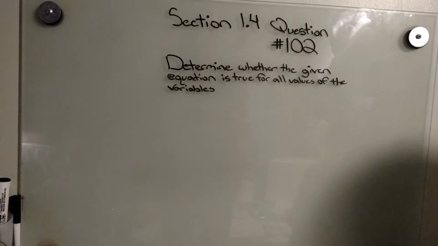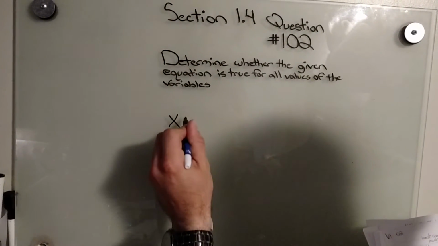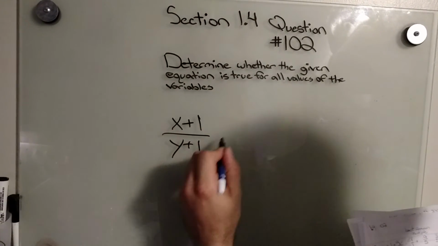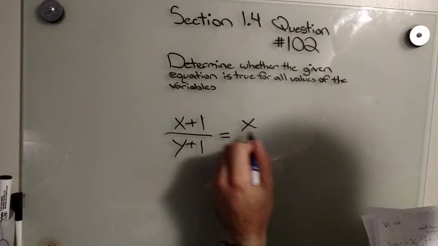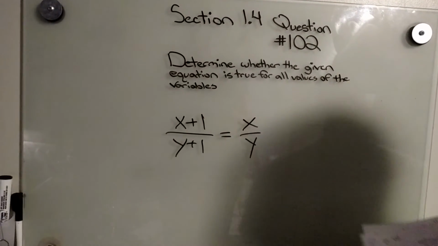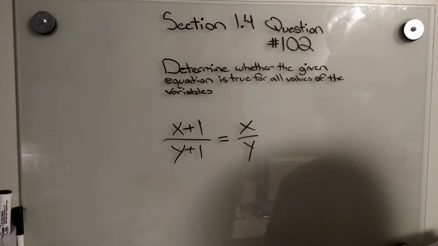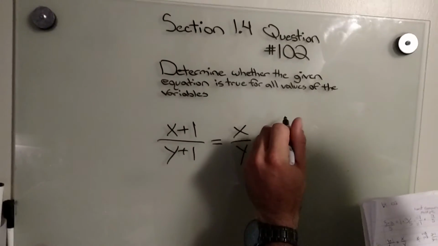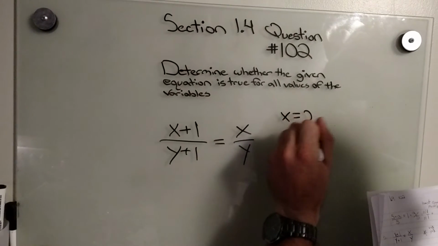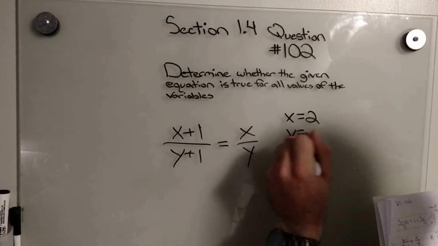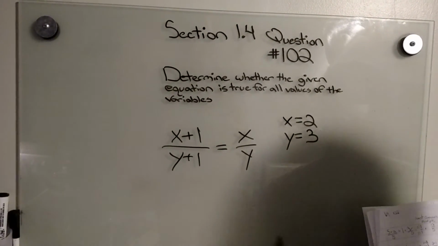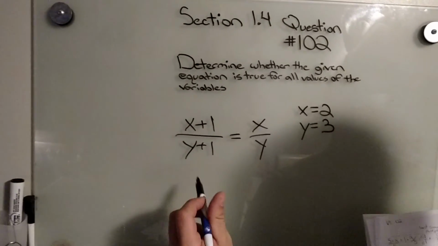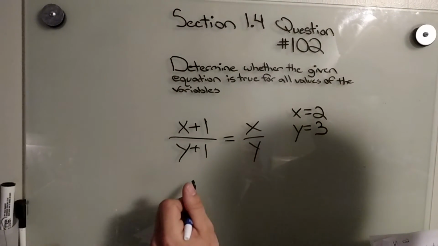Now for our next question, we are given x plus 1 over y plus 1 is equal to x over y. Now this one seems pretty self-evident, but just to prove the counterexample, we will give x a value of 2 and y a value of 3, and plug those into the equation to show that these are not true for all values.